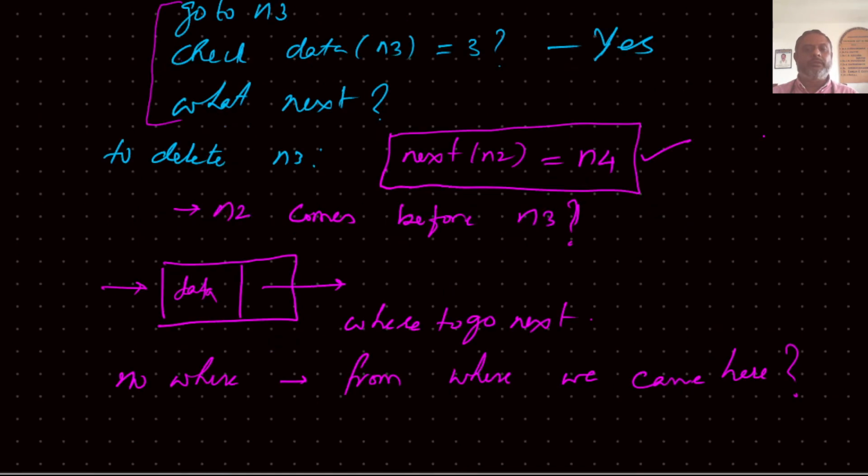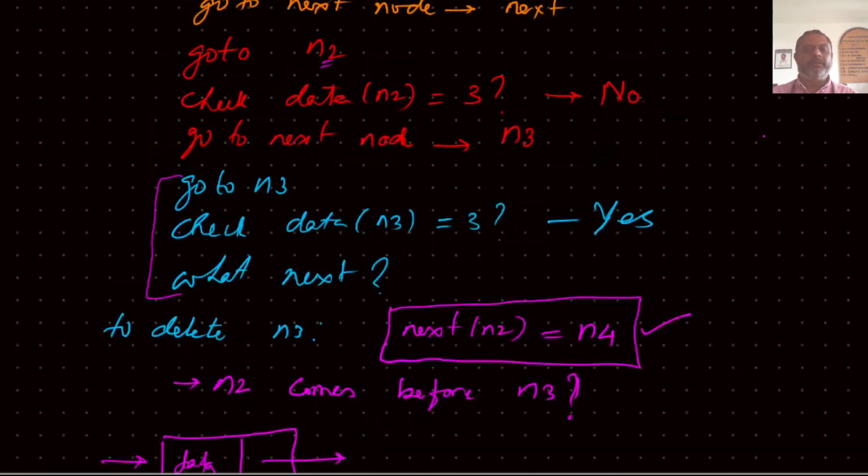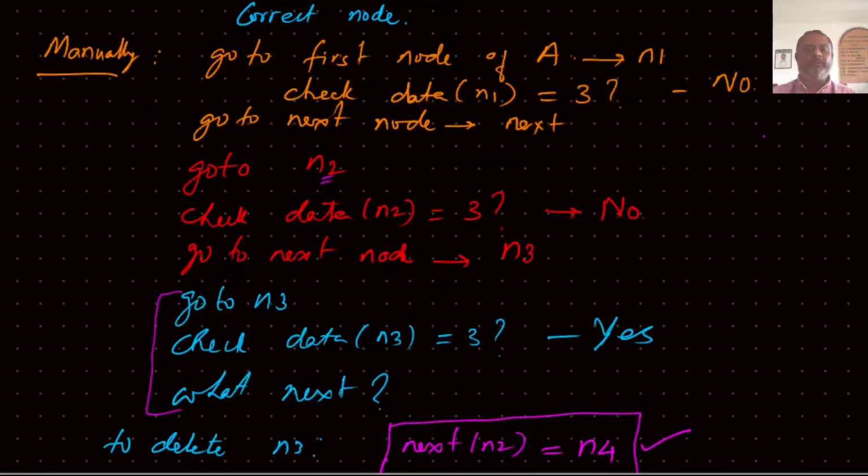So does that mean we can't delete a node? Of course, we can delete a node, but we need to do some extra work. What's that extra work? We need to maintain two pointers: what is the current node and what is the previous node.